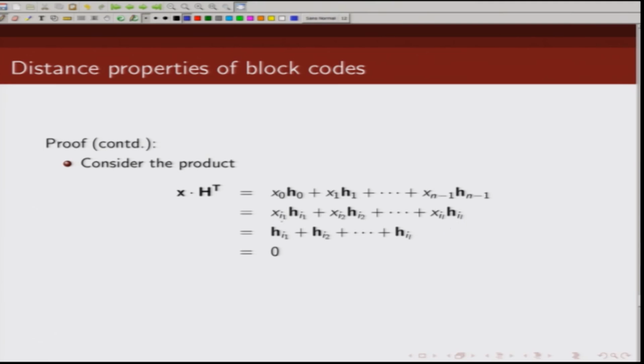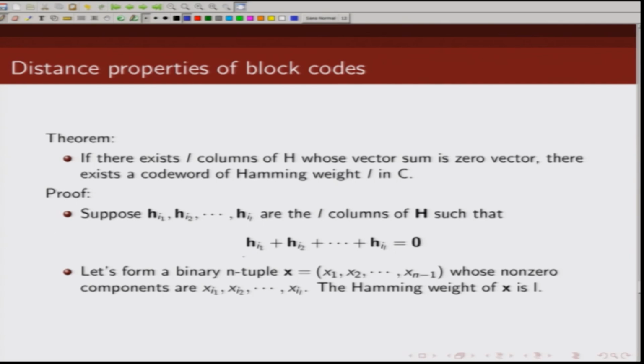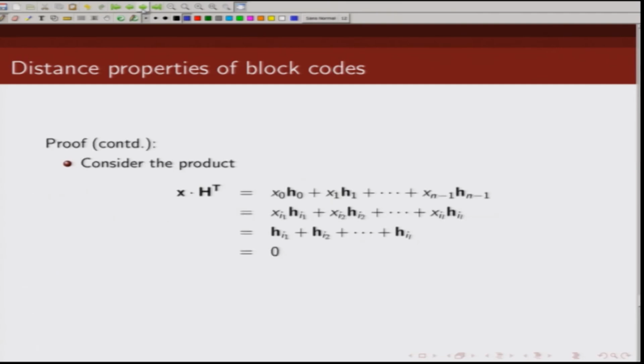Now, since xi1, xi2, xi3, xiL are all 1, we can write this as hi1 plus hi2 plus hi3 plus hiL. Now, what did we say about the vector sum of these L columns? We said the vector sum of these L columns is 0. If that is the case, then this is equal to 0. So, what we have shown now is x H transpose is 0.